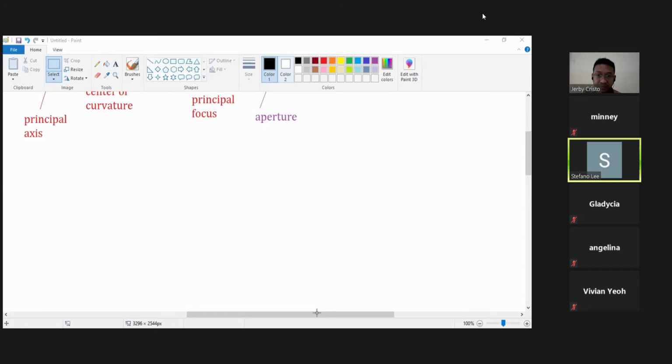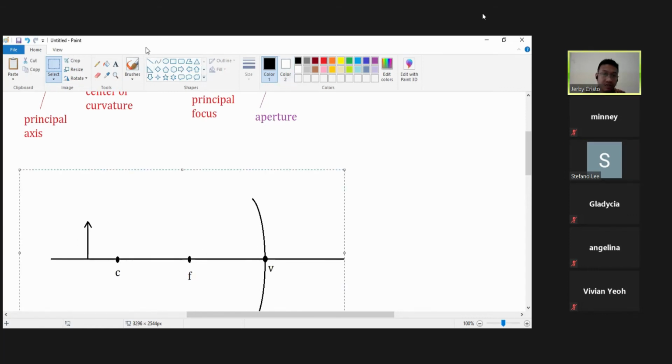Okay, so here is an example. Let's have the ray diagram for concave mirrors.